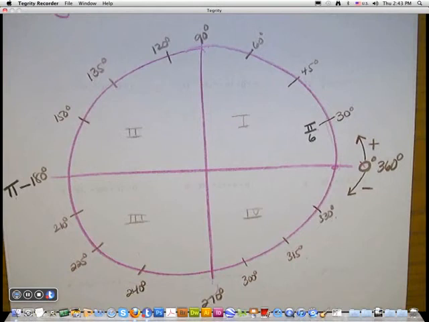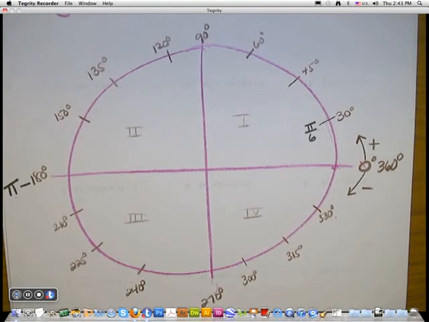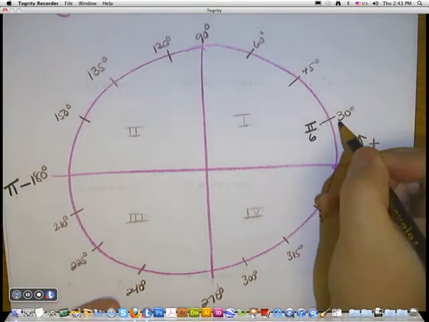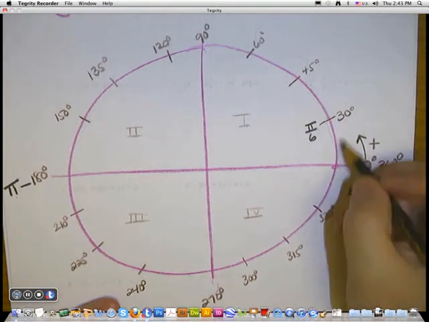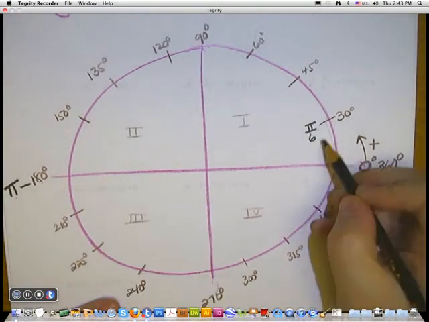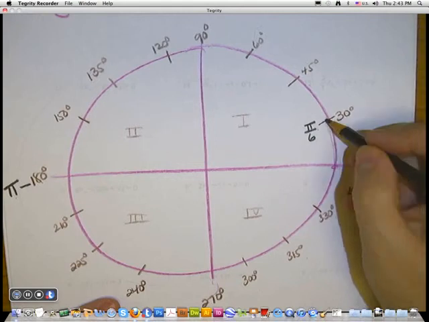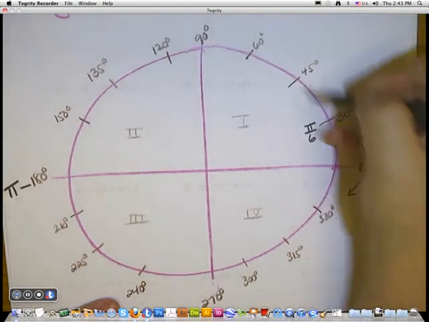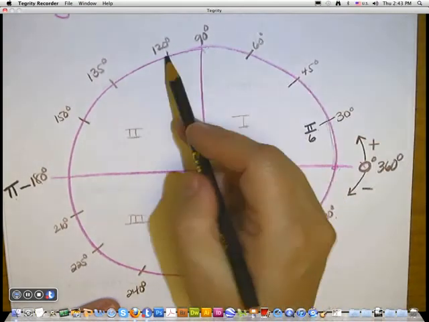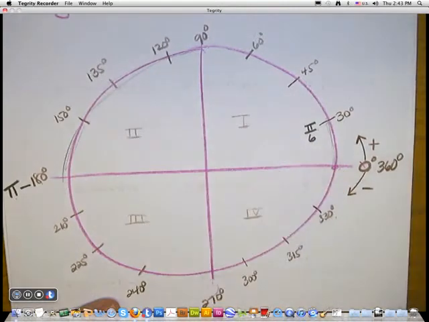Pi is 3.14. We don't care about that numerical measurement right now. We want to care that it's just a piece of the pie, so to speak. So here, 30 goes into 180 6 times. There are 6 30 degrees in my pi.